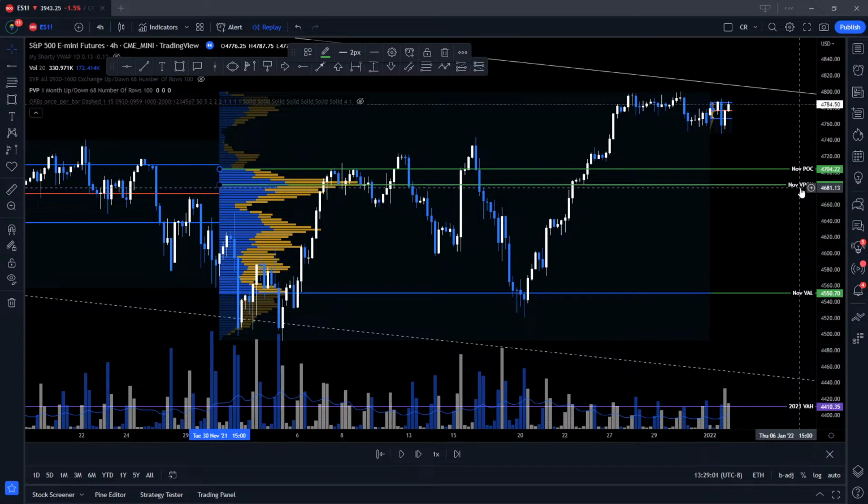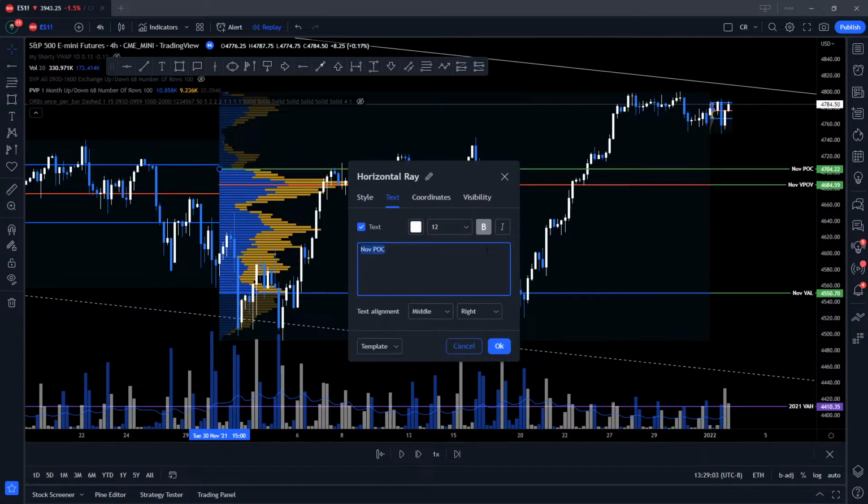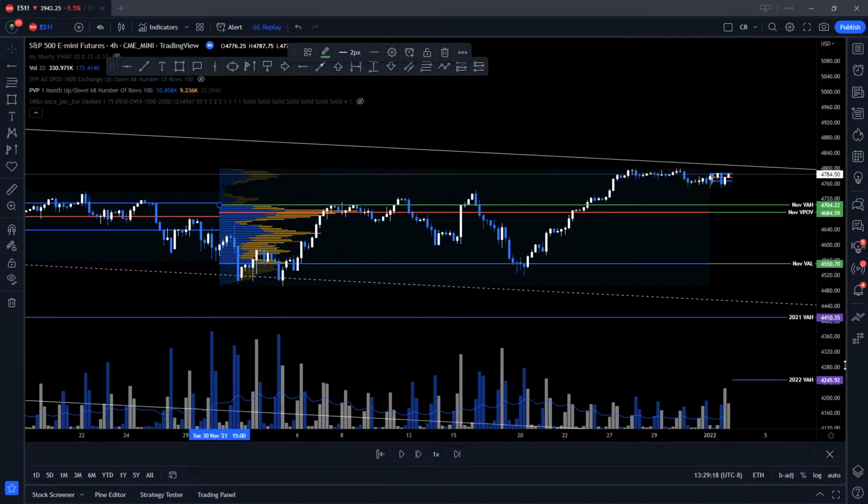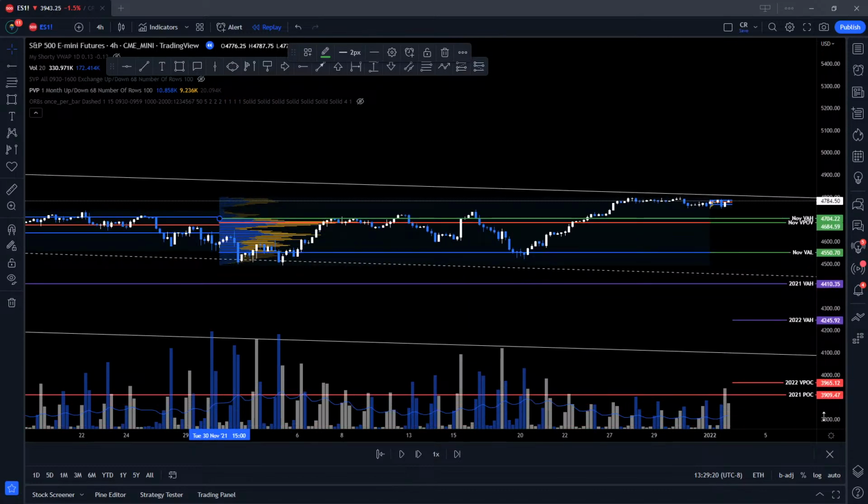All right, I'm thinking in my head I need to go over the difference between POC and VPOC. So I typed POC. So you'll notice down here I have 2021 POC and then 2022 VPOC, VPOC up here.